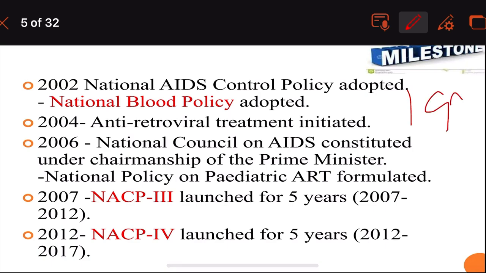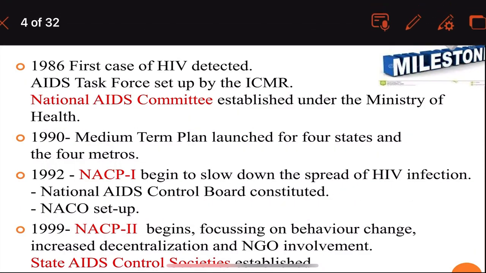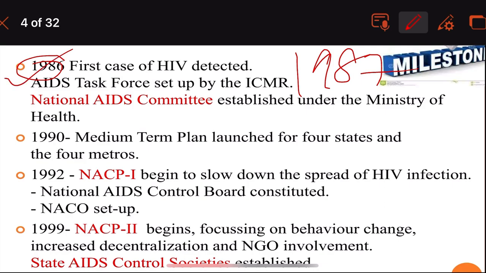So we know 1987: you have to write down that the National AIDS Control Program was launched in the year 1987, and the first case was detected in the year 1986. Easy to remember: 1987 the program was launched, 86 the first case was detected. And you have to write about these four: 92 NACP 1, 99 NACP 2.